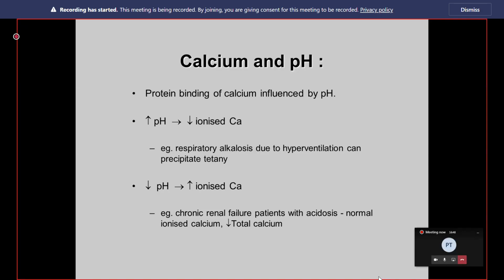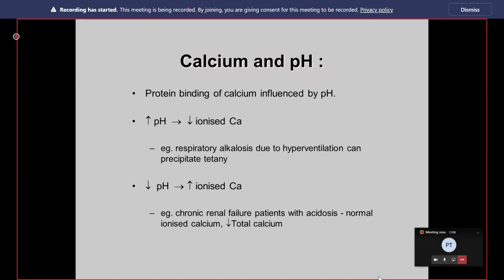So ionized calcium goes down, and the active calcium concentration is reduced, and therefore you can develop symptoms and signs of hypocalcemia even if the total calcium is normal, if there's severe alkalosis, like in respiratory alkalosis, for example, in hyperventilation.